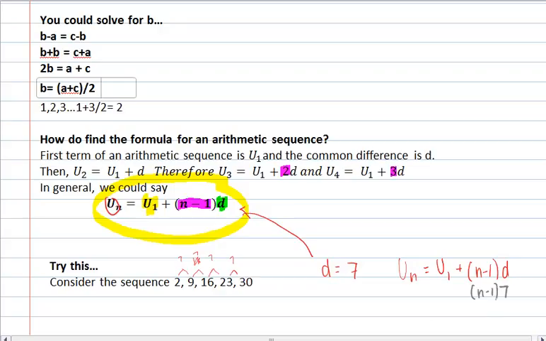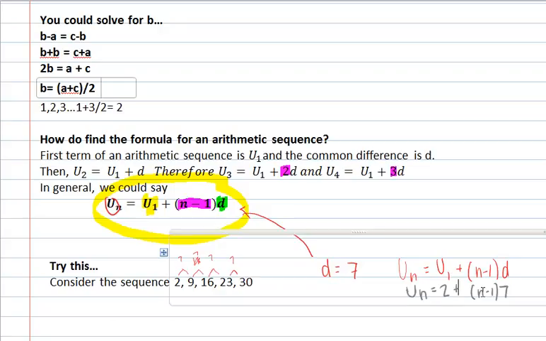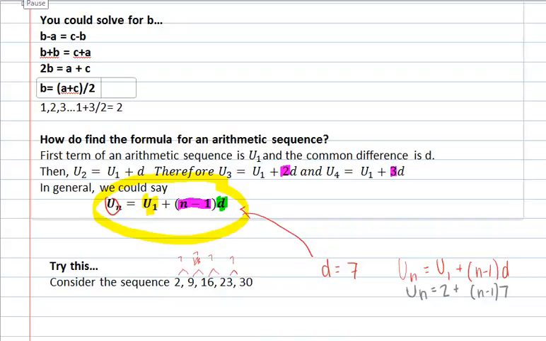We now also know what our first term is. Our first term was 2. So now we have a general formula on how to solve this. We can find whatever term we want simply by taking 2 and adding whatever that term is, minus 1, times 7. So how about the 100th term then? Look at the solution below.